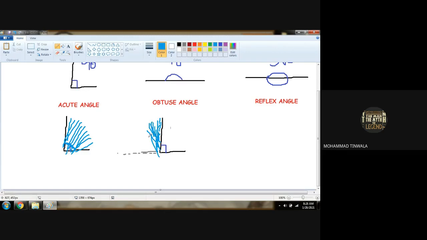All the angles above 90-degree up to 180-degree are known as obtuse angles. Understood or not? Yes. The reflex angle is more than 180-degree and less than 360-degree. Very good, bachcha. It is more than 180-degree and less than 360-degree. Very good.